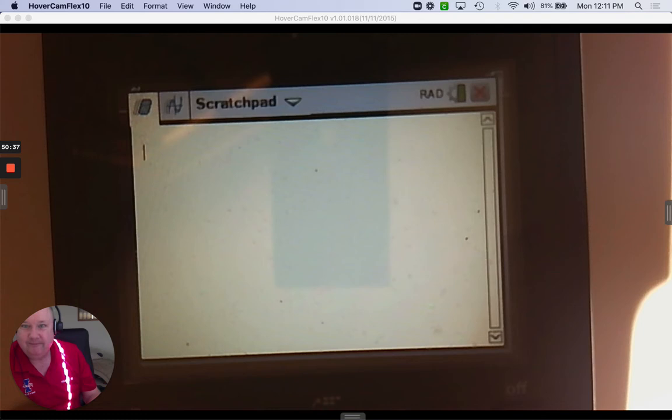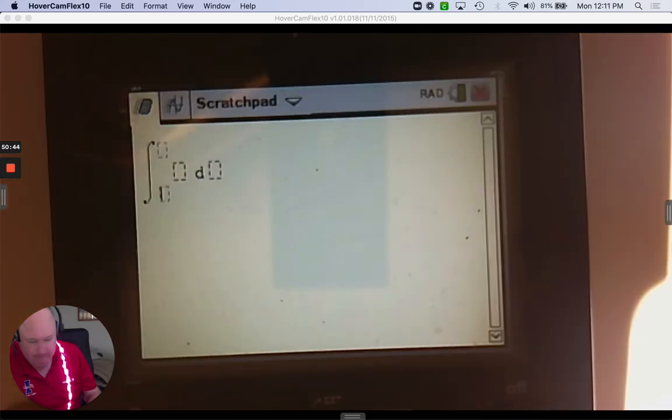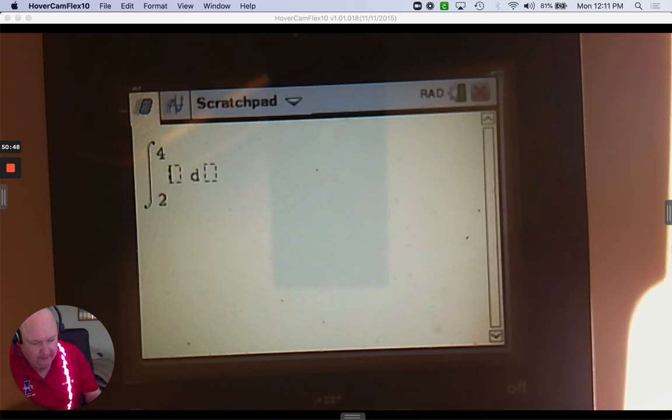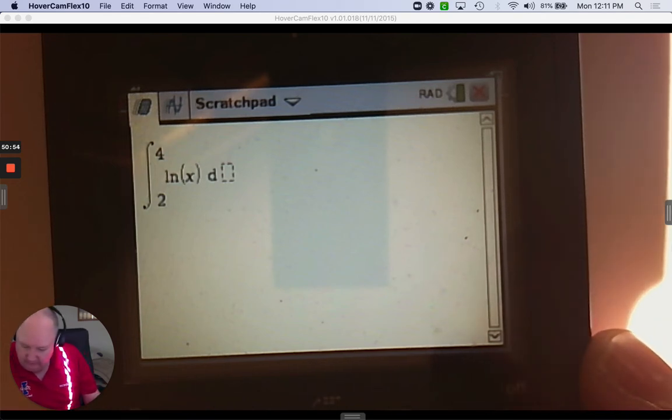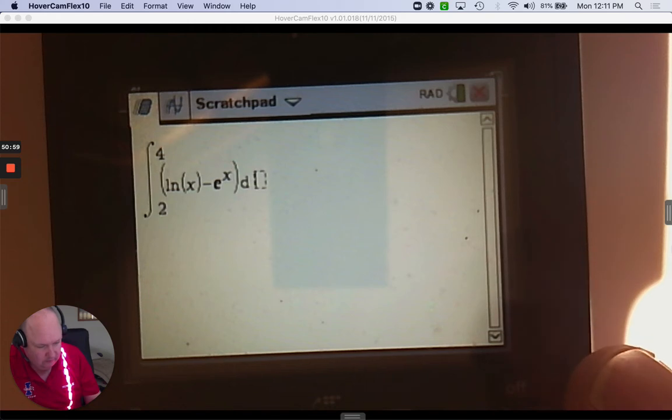All right. So I'm going to do integration. So menu, calculus, integrate. And I'm integrating from 2 to 4. And then inside the integration is ln x subtract e to the x. So there's the integration part.